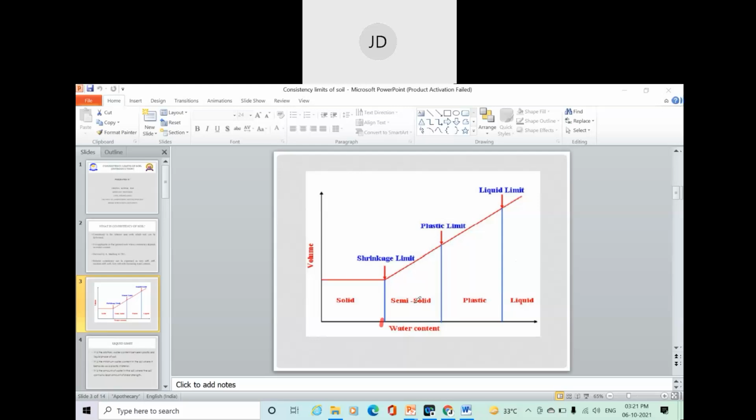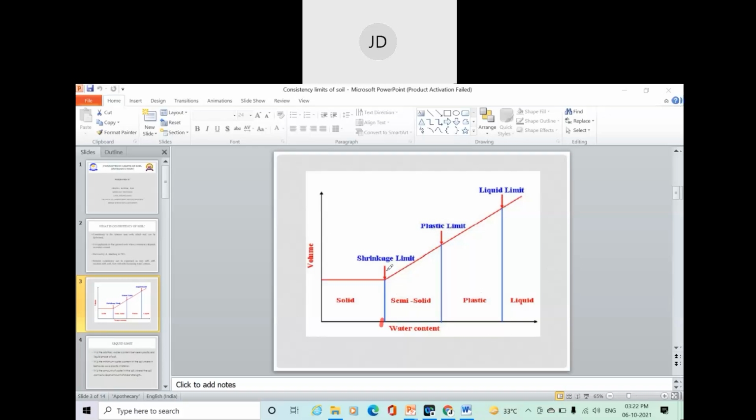Okay, so like this we have divided some zones in this graph. First part is the solid state, then semi-solid, then plastic, then liquid. The moisture content between the liquid state and plastic state is known as liquid limit. Between plastic and semi-solid state, it is known as plastic limit.